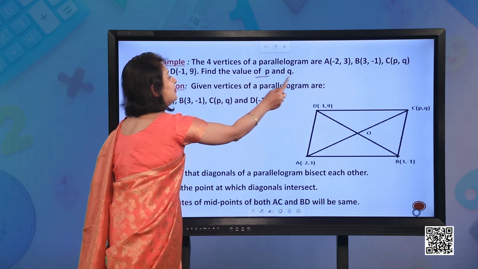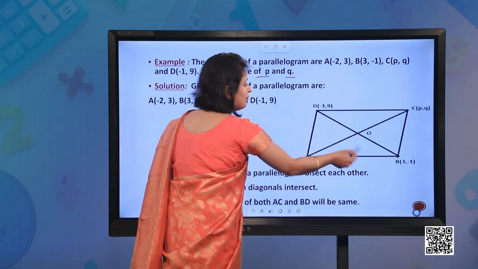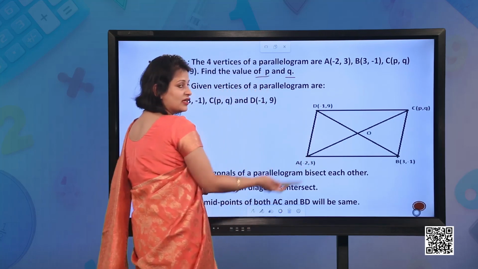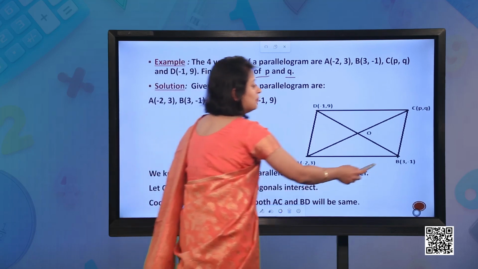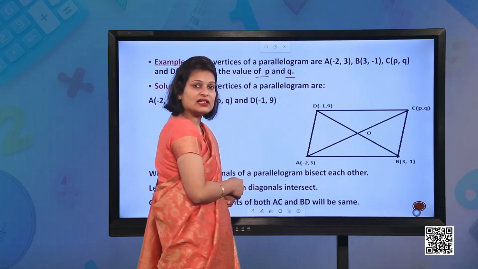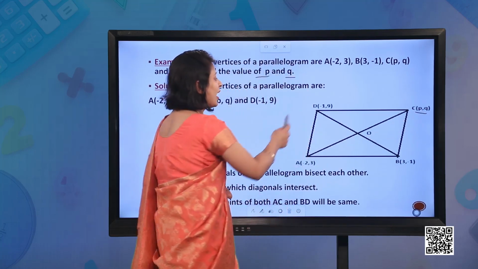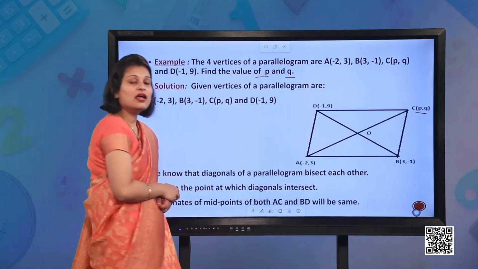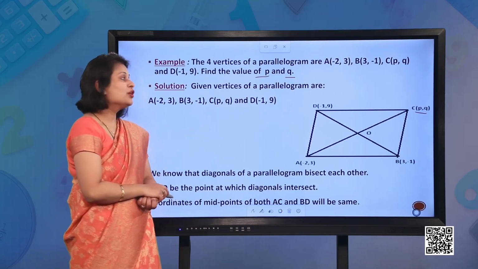Find the values of p and q. Now since we have a parallelogram ABCD whose vertices are given, A as (-2, 3), B as (3, -1), C as (p, q) and D as (-1, 9), we need to find the values of p and q.